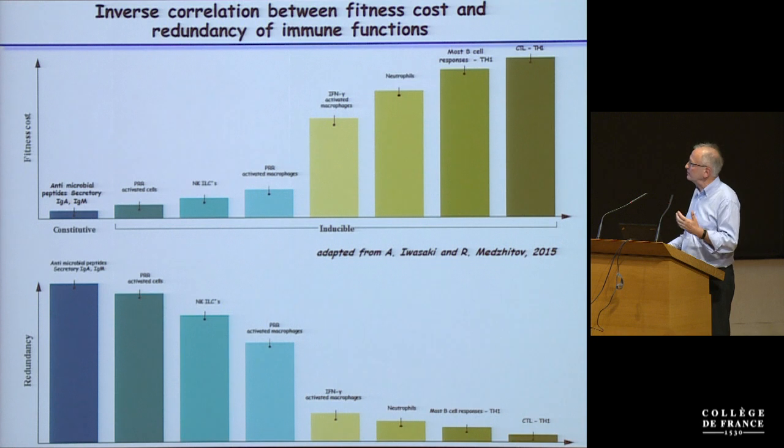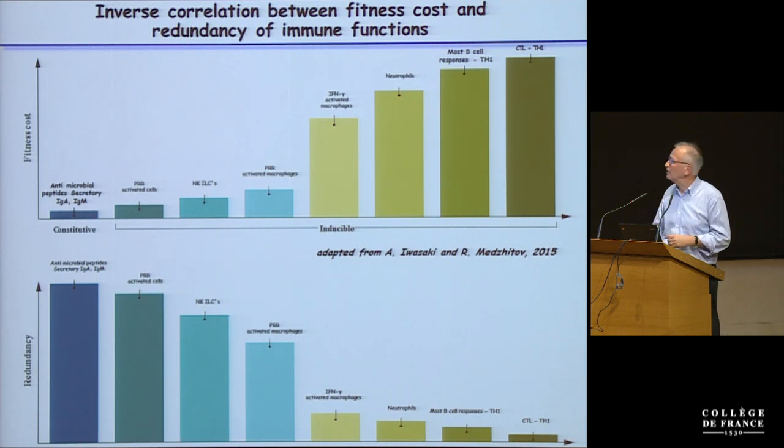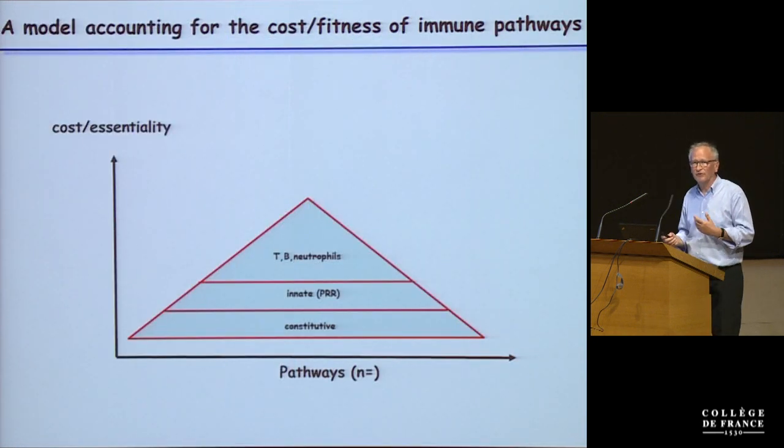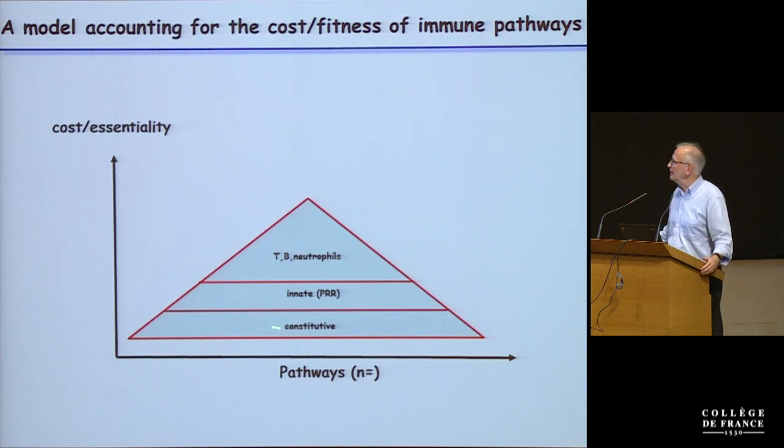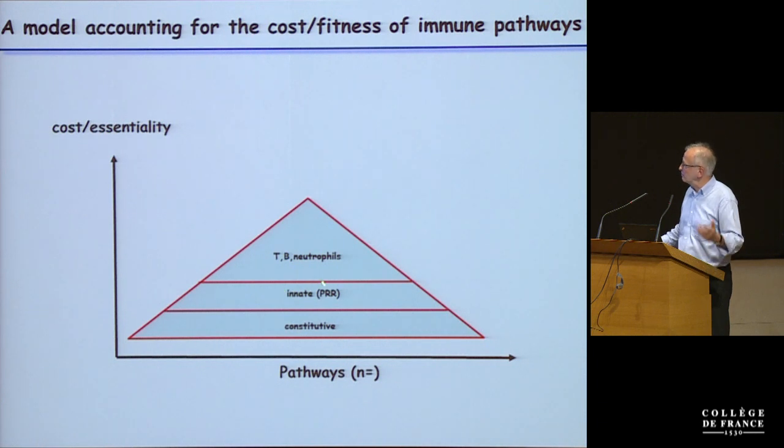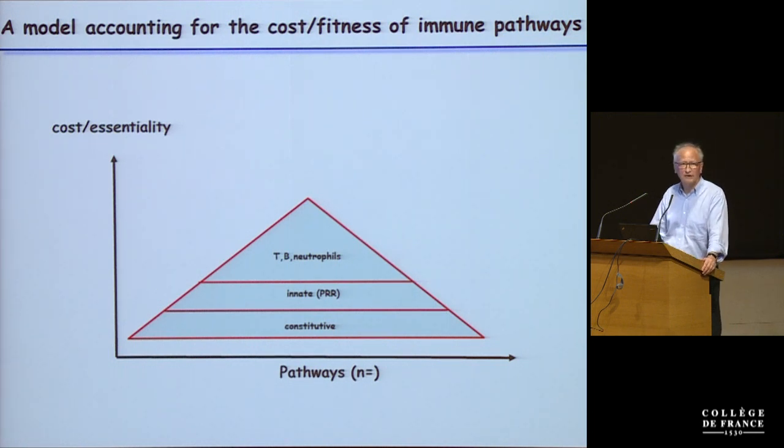So to me, it's pretty striking to see this inverse correlation, which may suggest the following: during evolution, because of the selection by a number of microbes during human and even, of course, pre-human evolution, there has been, by duplication, the generation of many, many constitutive pathways as well as innate immune pathways, mostly related to pattern recognition receptors, but their involvement in immune responses is not that costly.